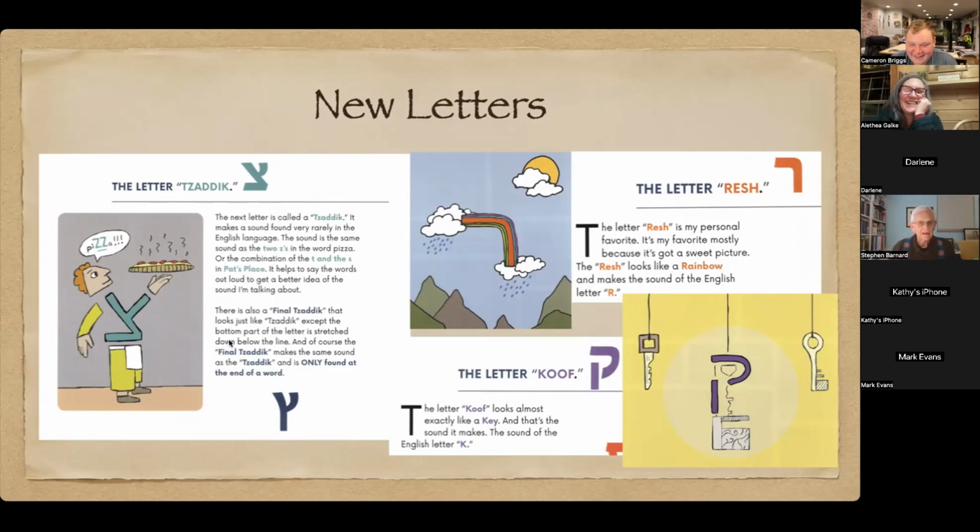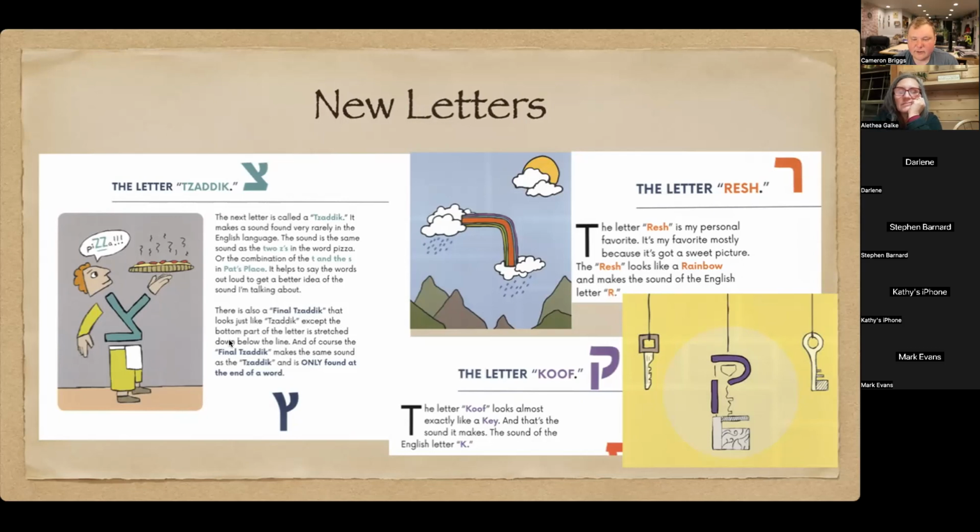And then the last one is the letter kuf. It looks kind of like our English P, but here they've got it as a key, and that key makes the k sound. Likewise with the kaf, the kaf with a dagesh makes that same sound. It's our English letter K equivalent.